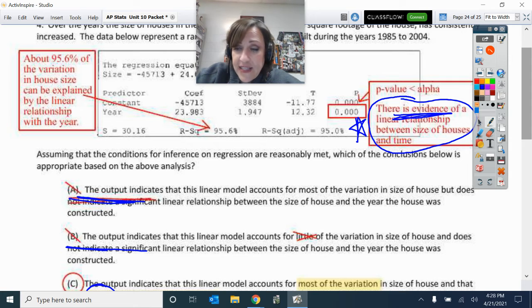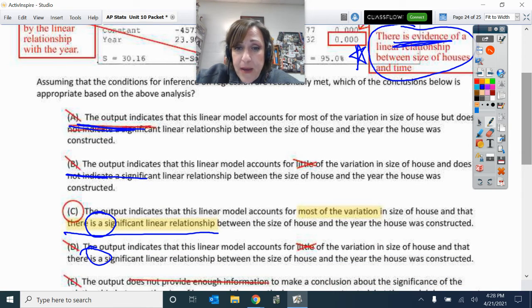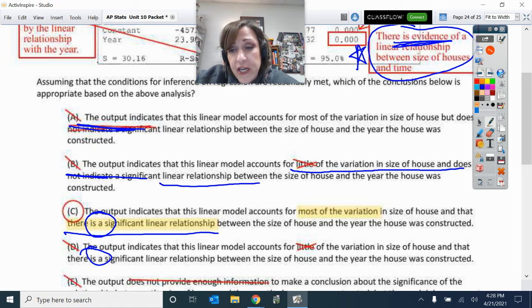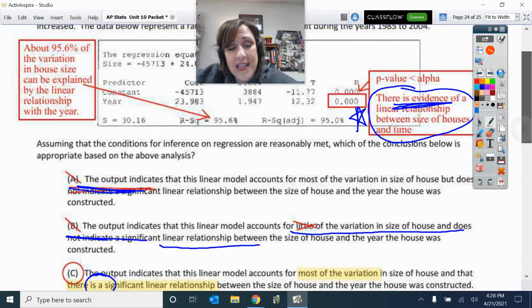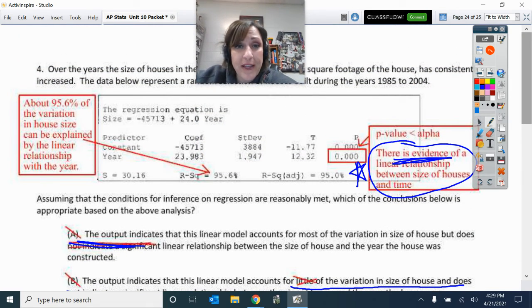But I see that the other language this is asking me about is the variation in the size of the house related to the linear relationship. It's talking about the variation in y that can be explained by the linear relationship with x.